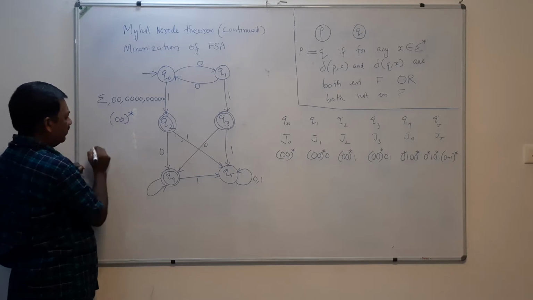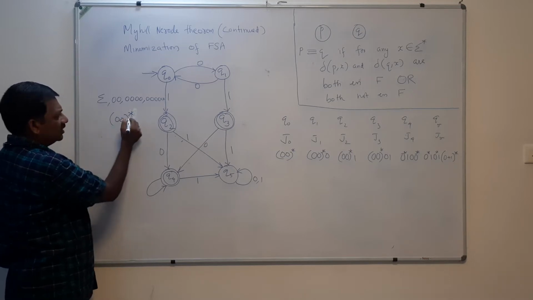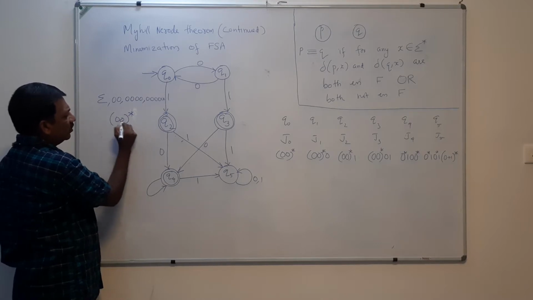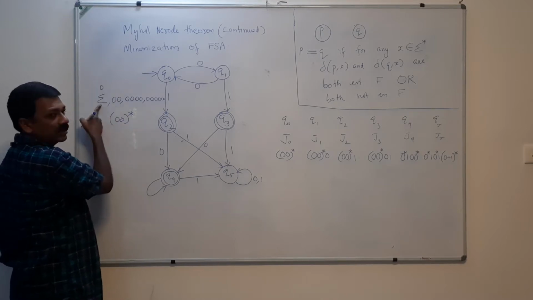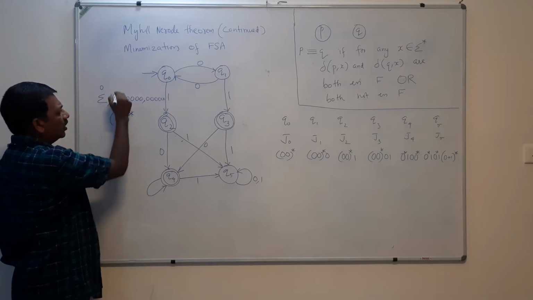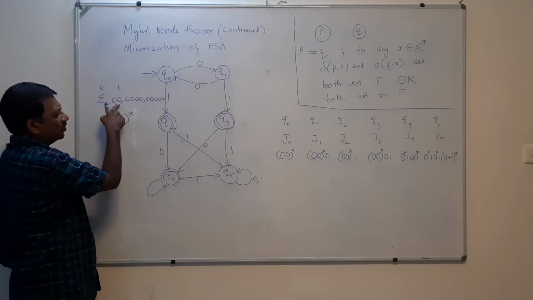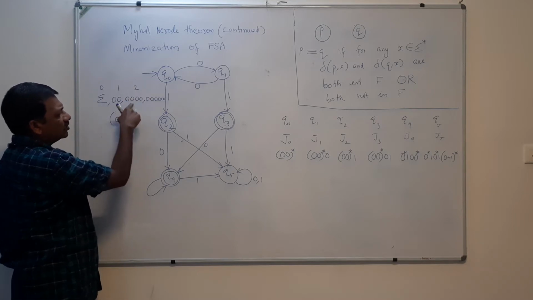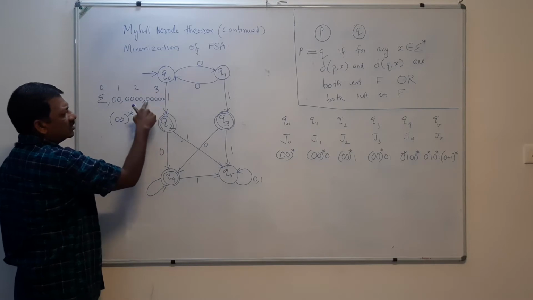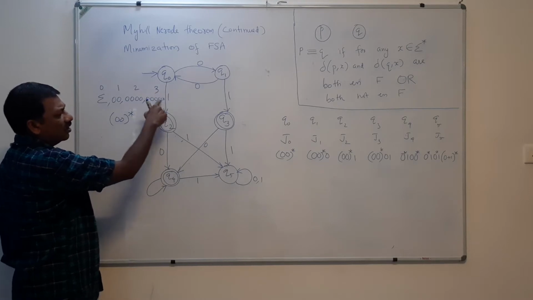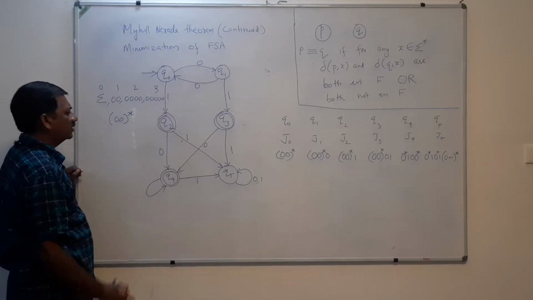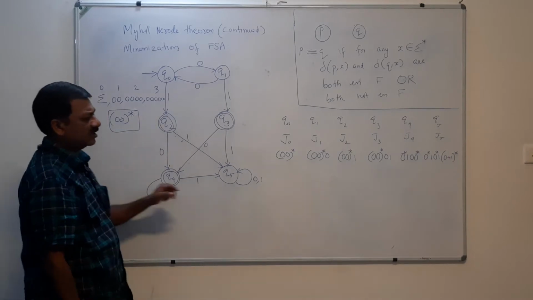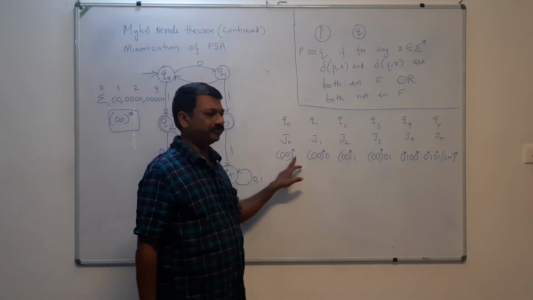The star means Kleene closure. If this occurs 0 times, that is epsilon. If it occurs 1 time, we get 0 0. If it occurs 2 times, 0 0 0 0, then 3 times, 0 0 0 0 0 0, and 4 times, 5 times, 6 times, etc. These sets of strings are represented by (0 0) star.